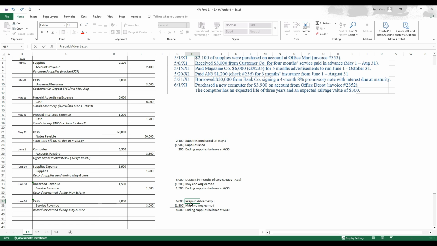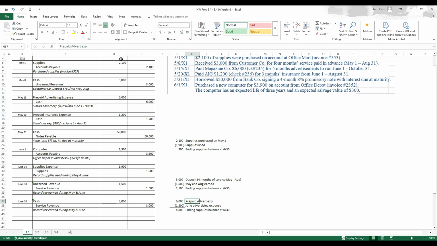So $6,000 was prepaid. That represented 5 months, and we've used up 1 month at the end of June because this time period covers us starting on June 1. So June has now elapsed. We're at June 30th. And so let's just take this divided by 5 because there's 5 months. And we'll just say June advertising expense.